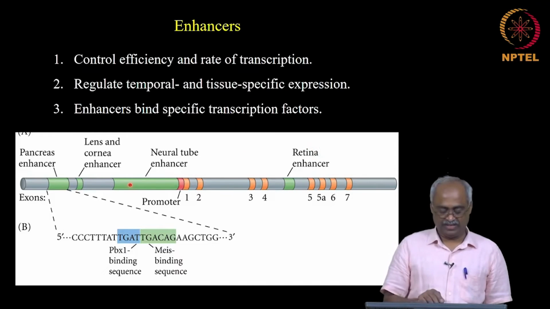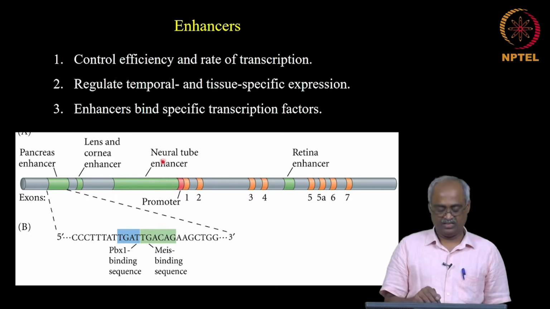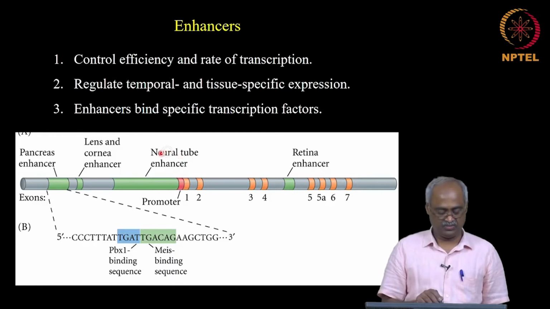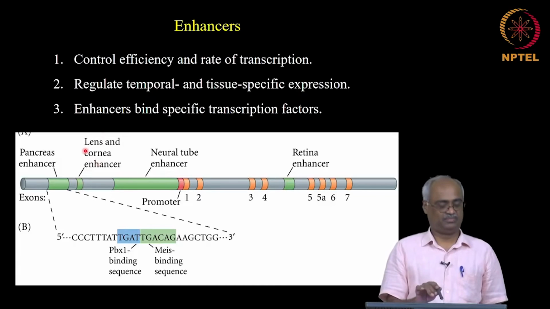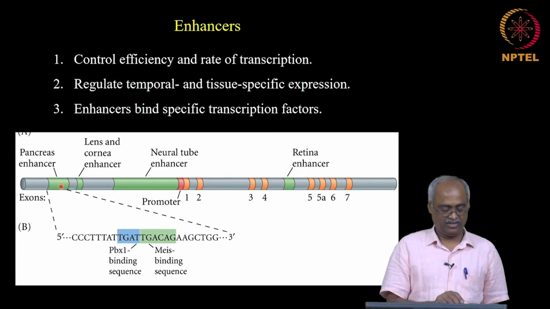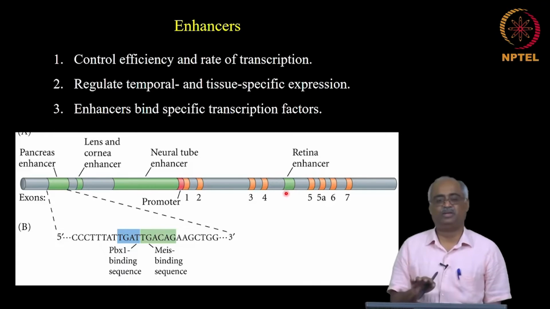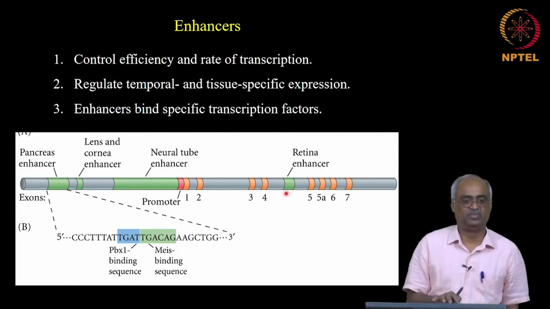And this particular one here, just before the transcription start, is a neural tube enhancer that makes sure this protein is expressed in neural tubes, and the other one lens and cornea. If you do not have it, it is not going to express there, and the upstream most one is pancreas specific. So, each one of these 4 has 4 different tissue specific expression of this gene.